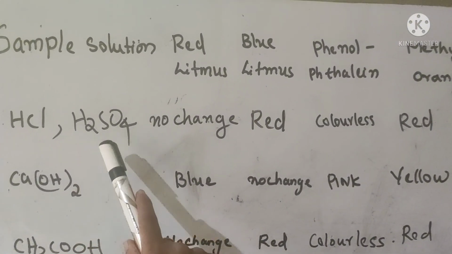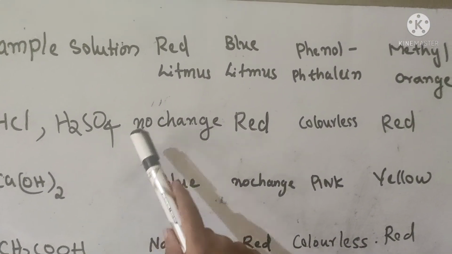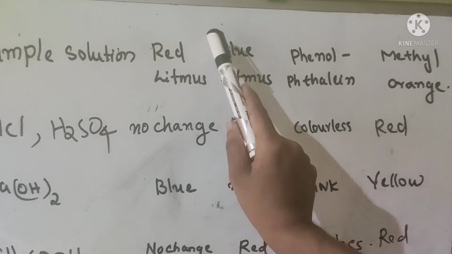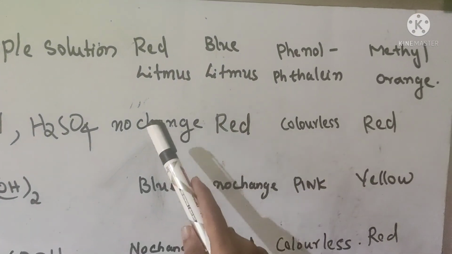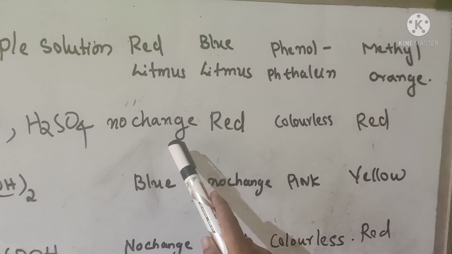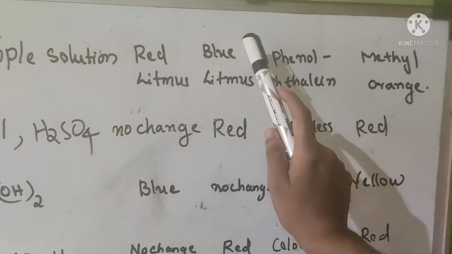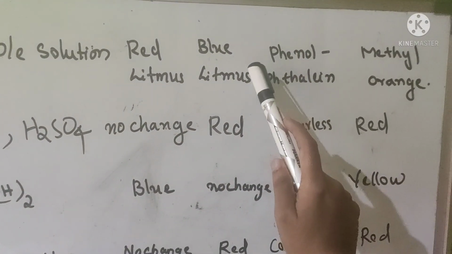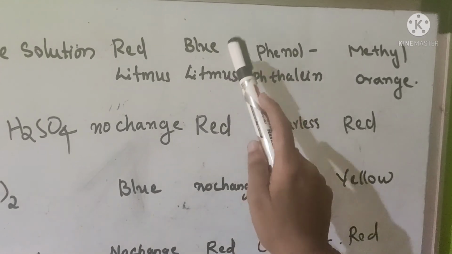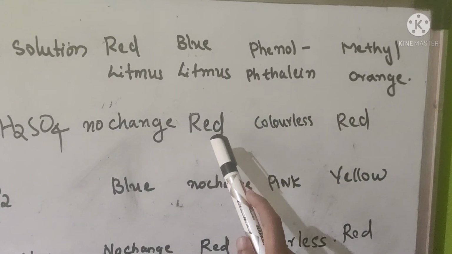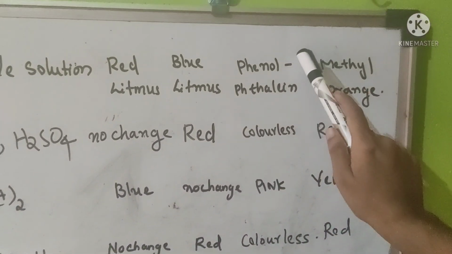In the case of HCl, H2SO4, if red litmus is used as indicator, then no color change will occur. If the indicator is blue litmus, then you can observe that blue litmus changes into red.